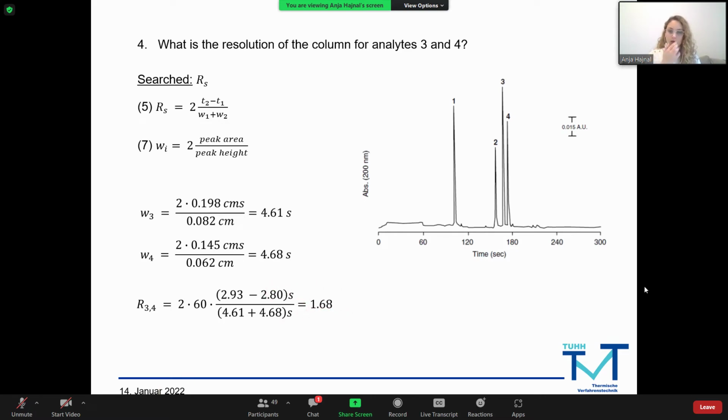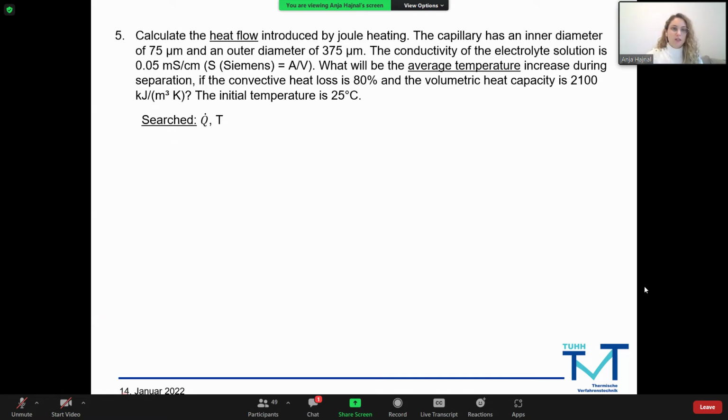That is the resolution of the separation between these two. All right, now this is quite easy and will be available, as I said, online. So I will go on to the final task.